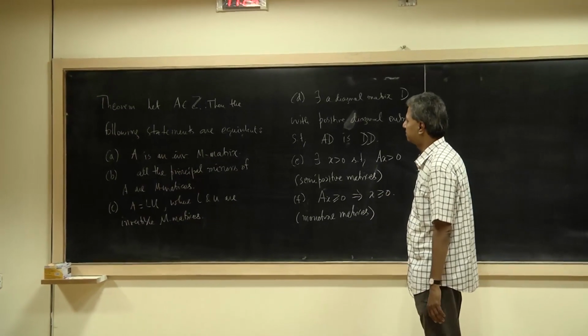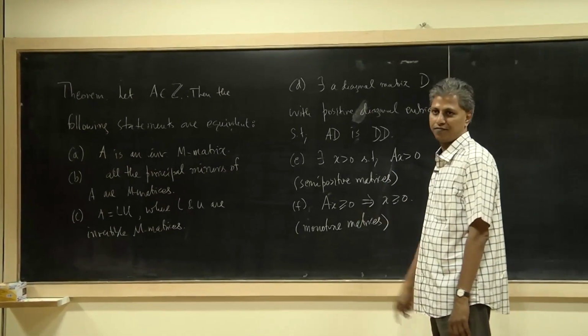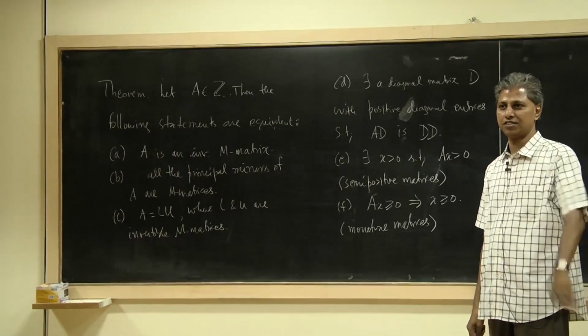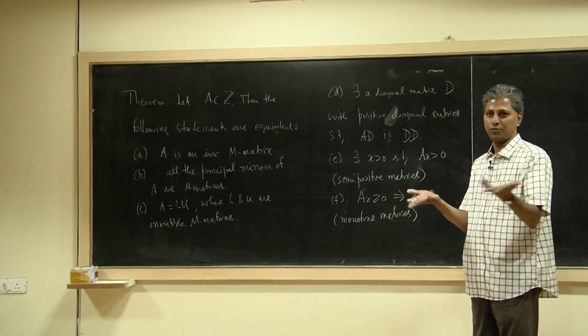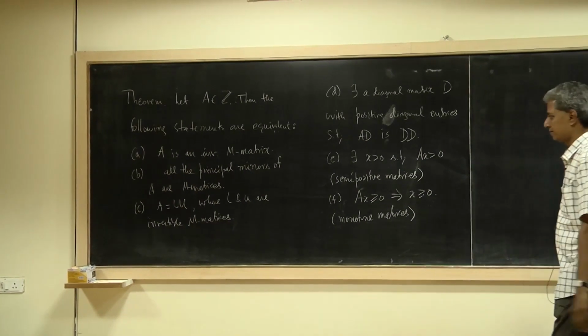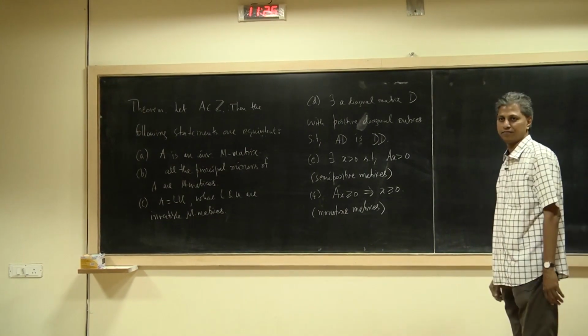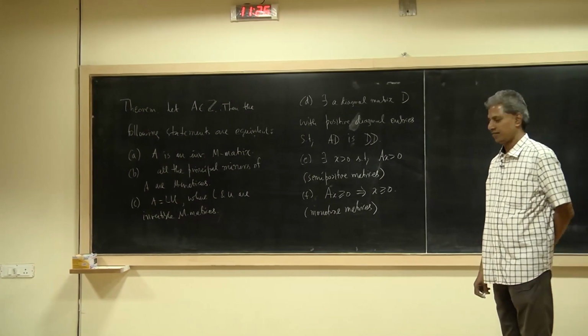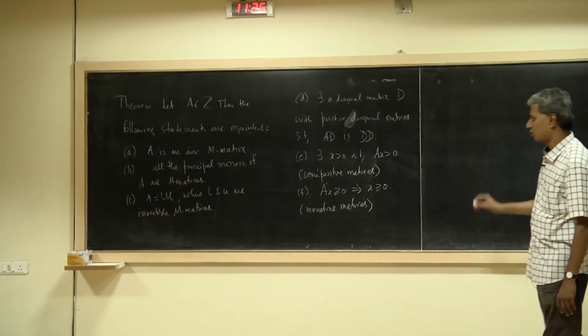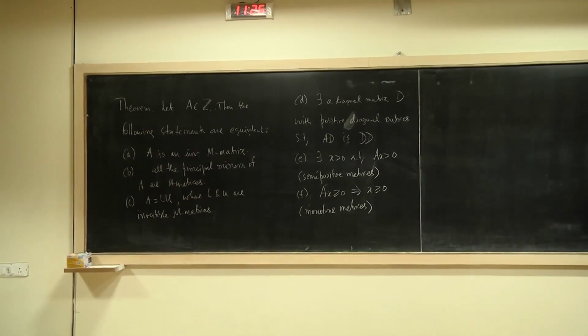For instance, D implies F involves whatever we discussed earlier, hardcore numerical analysis, if I may say so. That is diagonal dominance, Jacobi iteration, etc. So I think we have had enough of it. So let me move on to other characterizations.